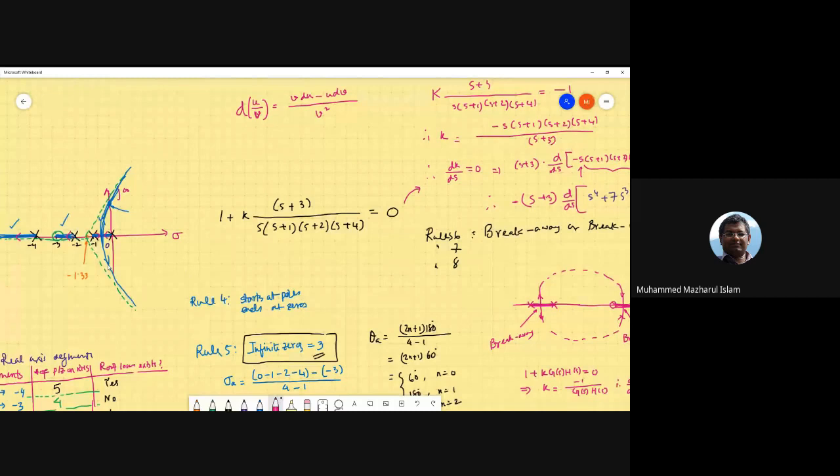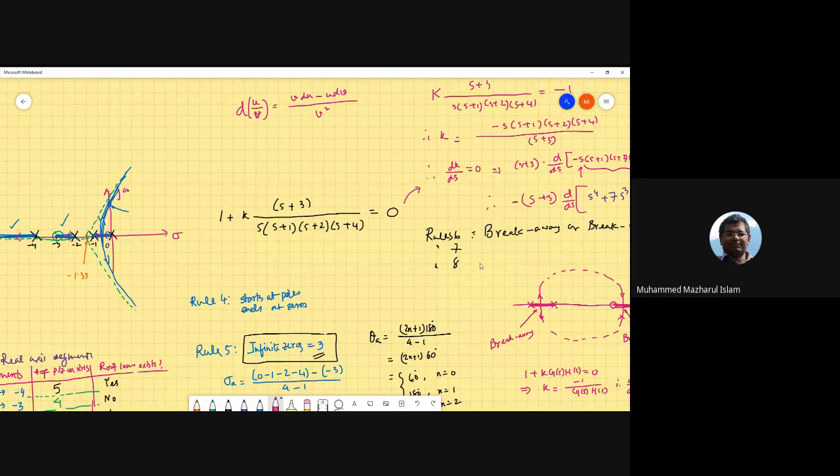So you'll have to know the real axis portions of the root locus first. If you know that the real axis portion between 0 and -1 is present, for example, then you should understand that there should be a breakaway point between these two values, 0 and -1.